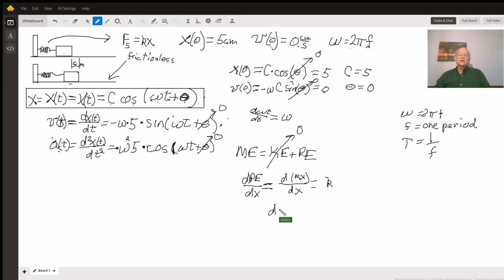And so the potential energy is equal to the integration of kx dx, which is equal to 1/2 k x squared, which is 25 over 2 times k.